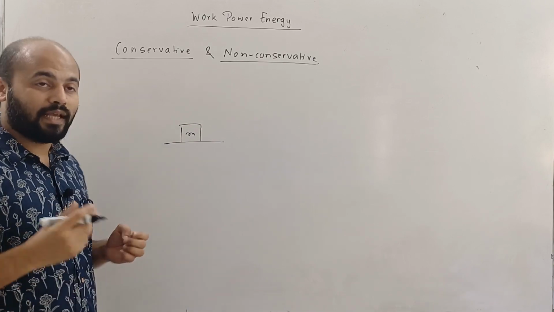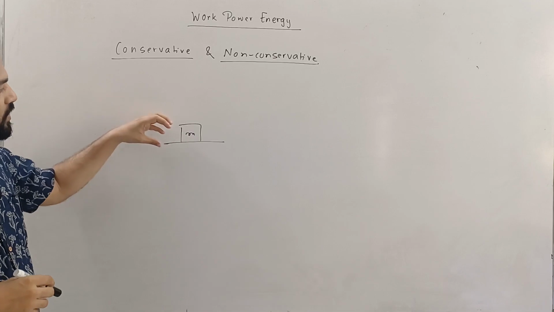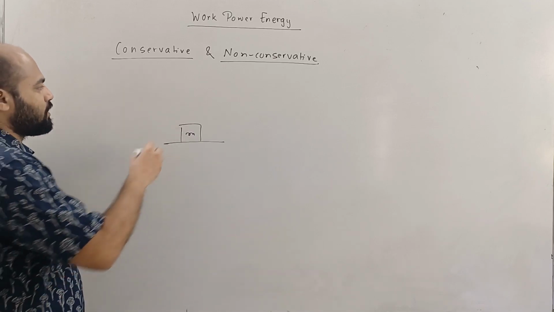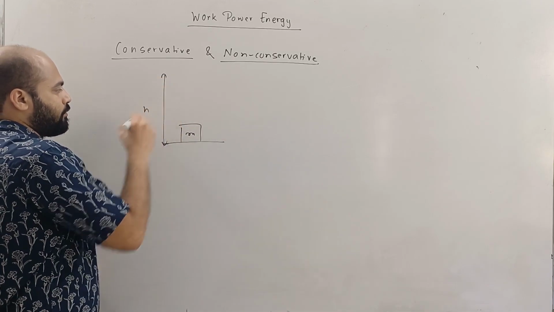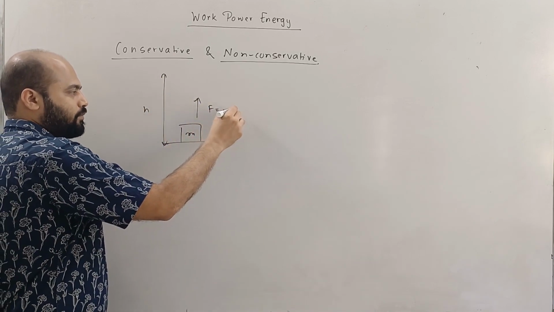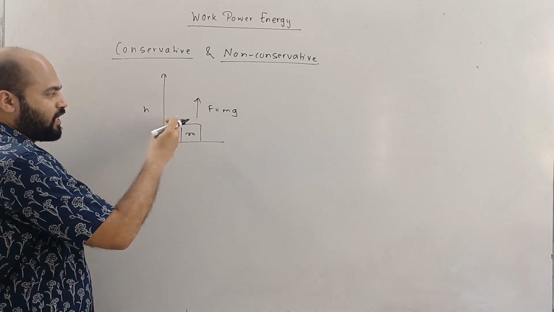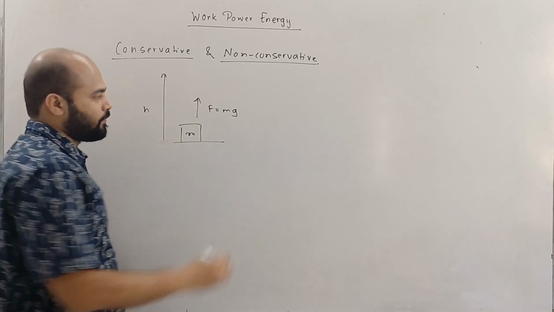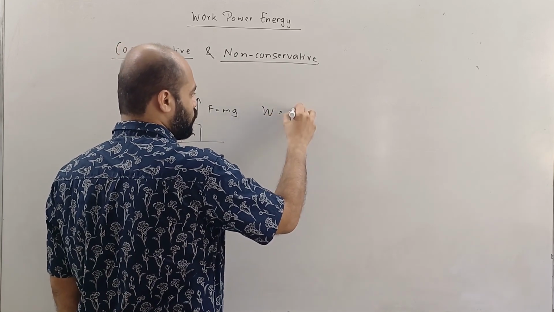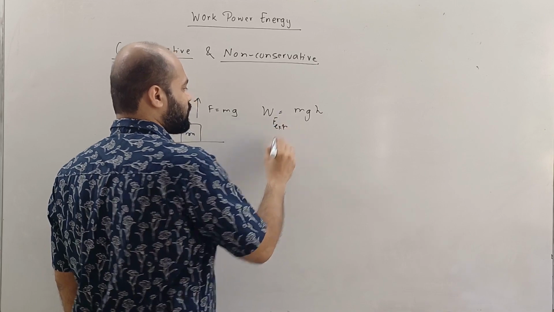As explained earlier in the earlier chapter videos, if I have to lift this mass by a distance h, then I'll have to apply a force which is equal to mg in the upward direction. And since both this displacement and this force are in the same direction, the work done by this force is going to be mgh. This is the work done by external force.